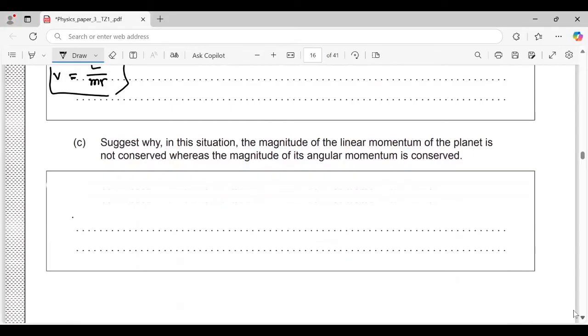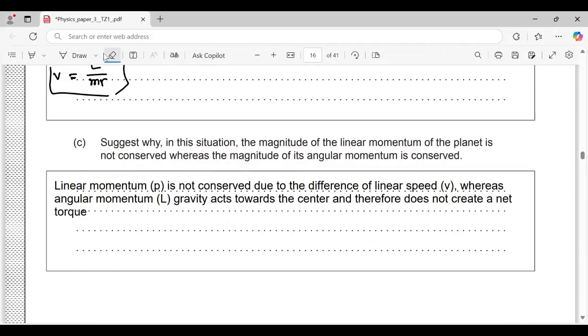Suggest why in this situation the magnitude of the linear momentum of the planet is not conserved, whereas the magnitude of its angular momentum is conserved. I have provided my answer for this question. Linear momentum p is not conserved. You know the linear momentum formula is p equals m times v, right?